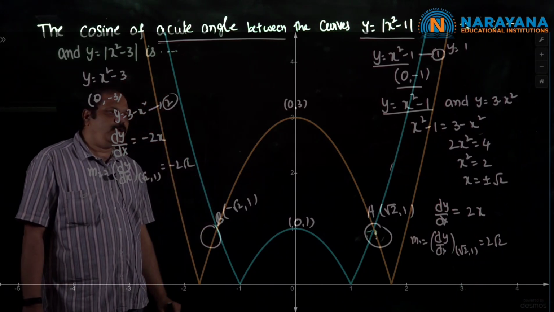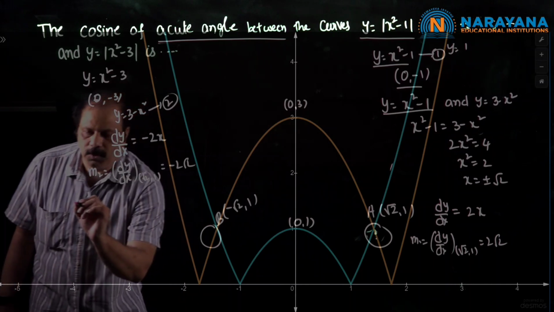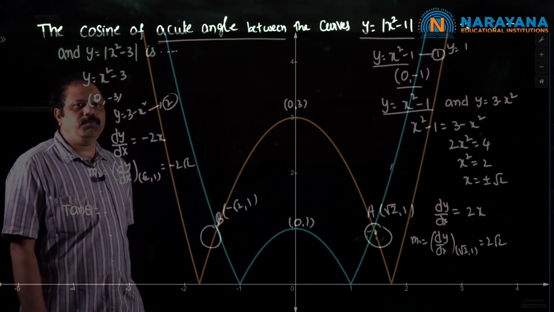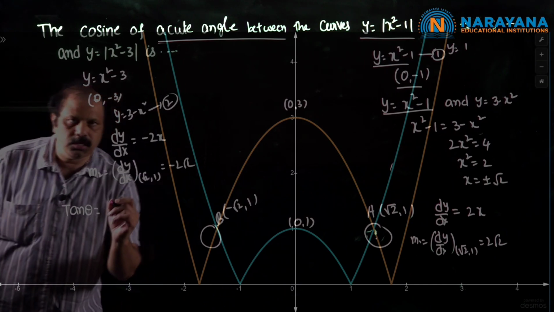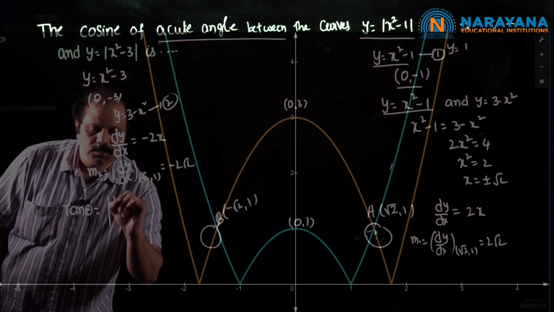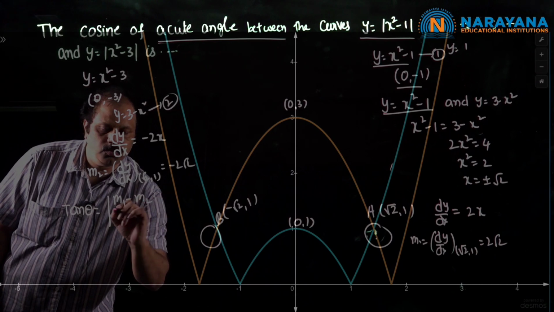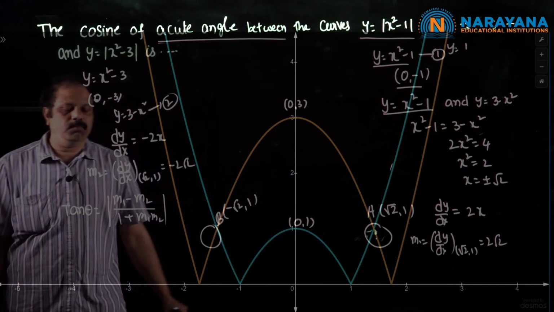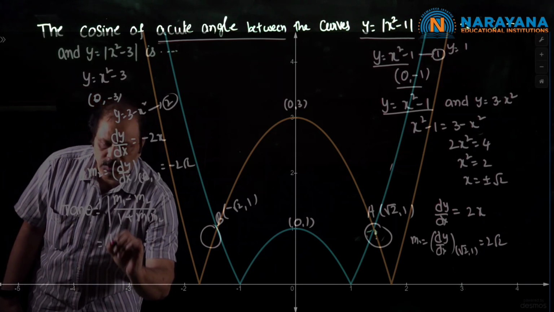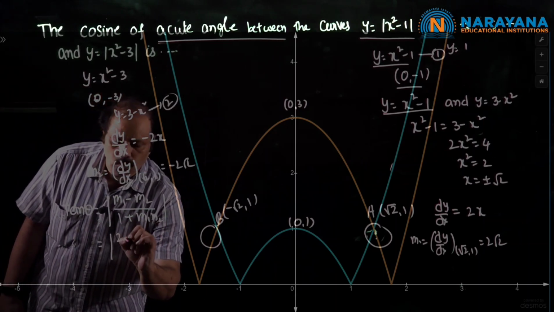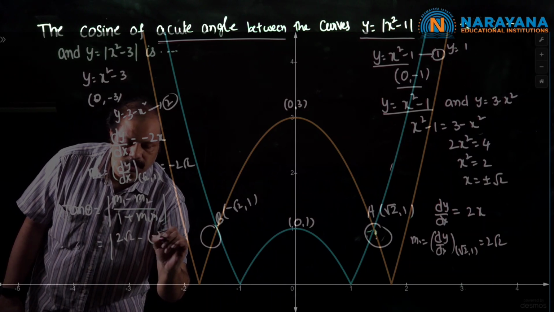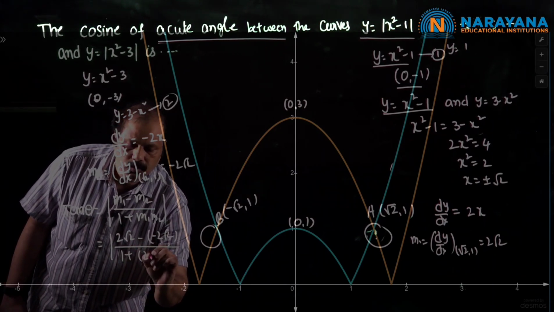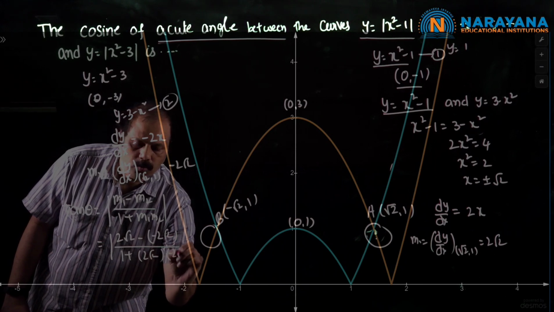Now I need to calculate the angle between the tangents, the acute angle. Let us assume theta is the angle between the tangents. Therefore, tan theta equals modulus of (m1 minus m2) by (1 plus m1 m2). That is 2 root 2 minus (minus 2 root 2) divided by 1 plus 2 root 2 into minus 2 root 2.